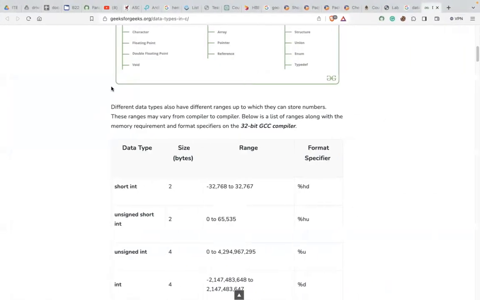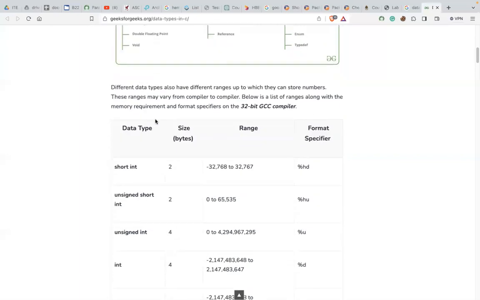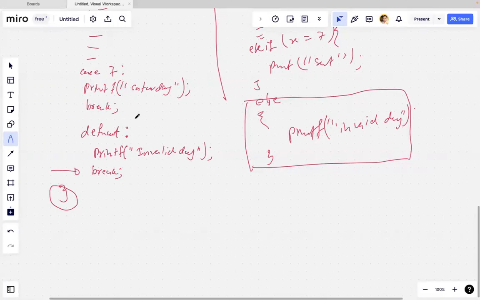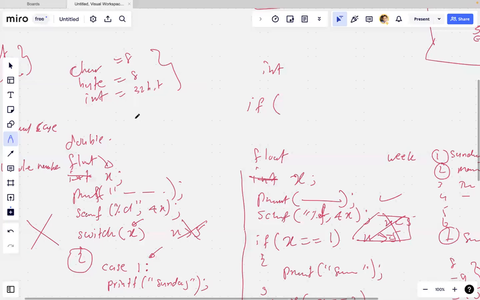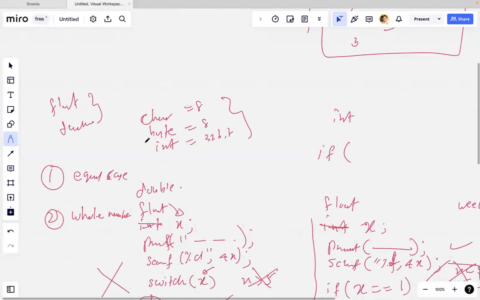So I want to show you what data types are available in C. I think I erroneously showed a data type called byte. I think the byte data type is not available in C; I think byte is available in Java. So we have the whole numbers: char, int, as well as short.